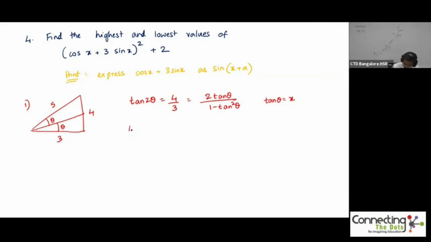So what we have is 4 by 3 is equal to 2x by 1 minus x square. So from there, 4 minus 4x square is equal to 6x. So 4x square plus 6x minus 4 is equal to 0, which is 2x square plus 3x minus 2 is equal to 0, right?